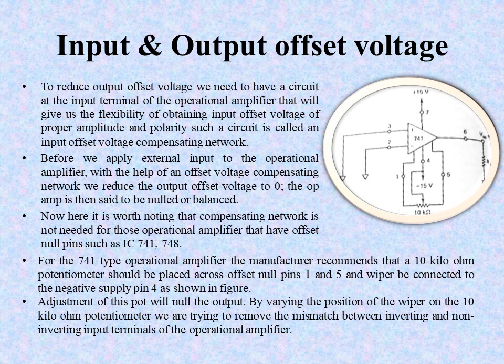So for such an operational amplifier having null pins, we can simply apply a potentiometer between the null pins, and the wiper, that is the movable pin, should be connected to the negative supply pin. That will serve the purpose. So what is the first case of reducing output offset voltage? Simply apply a potentiometer between pin 1 and 5.